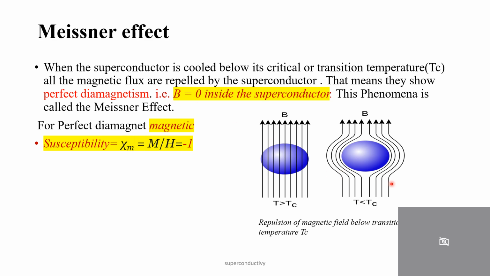So as no magnetic lines of force pass through this superconductor, the magnetic field B is zero within this superconductor. So here B equals zero.